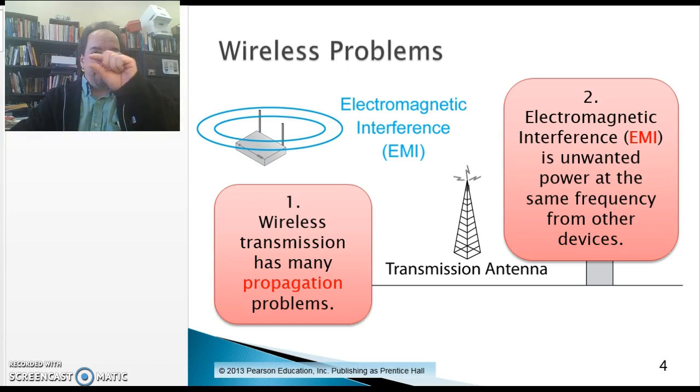It's linear. The longer you go, the signal starts off big and then gets weaker and weaker over distance in a linear fashion. Not so with wireless, and also the other problem is we have a lot more sources of electromagnetic interference, and we'll talk about some of those.